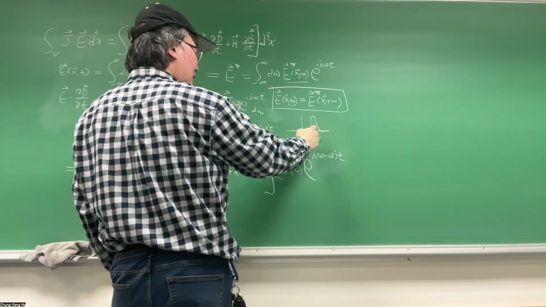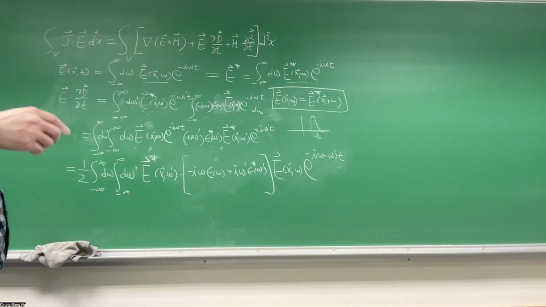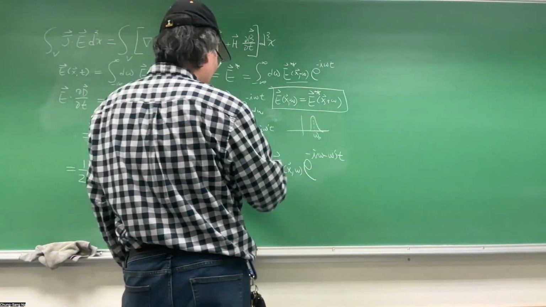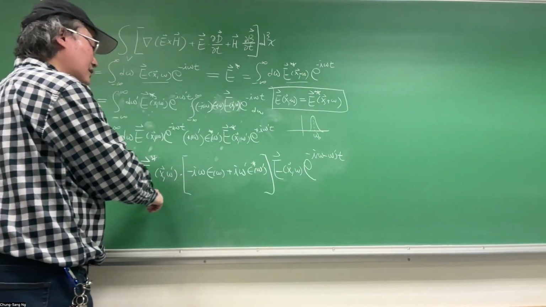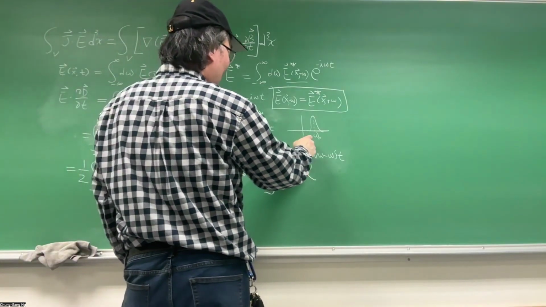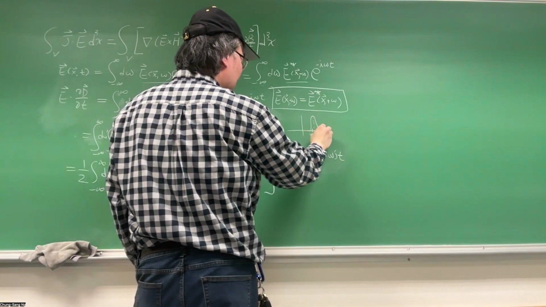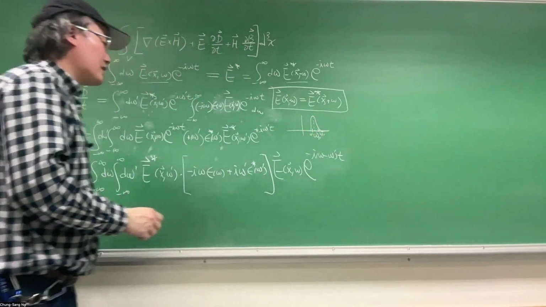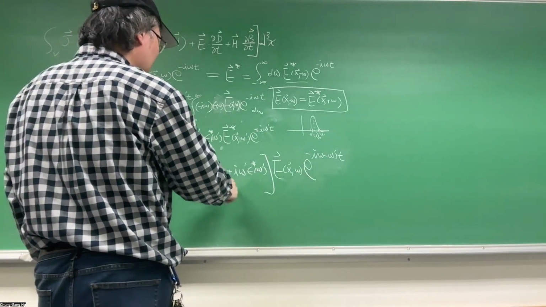Outside this range, the whole thing is 0, so that doesn't contribute to the integral. So you only need the part that is non-zero. And when they are both within this range, so omega is here, omega prime is here, then you can do a Taylor expansion of this function.